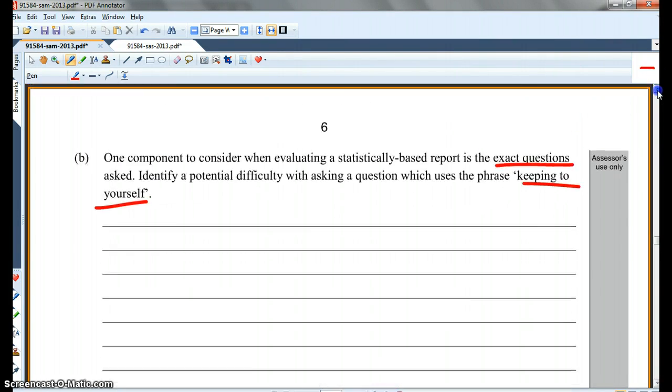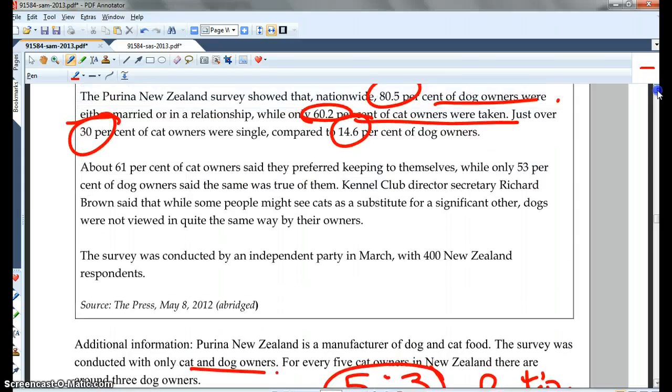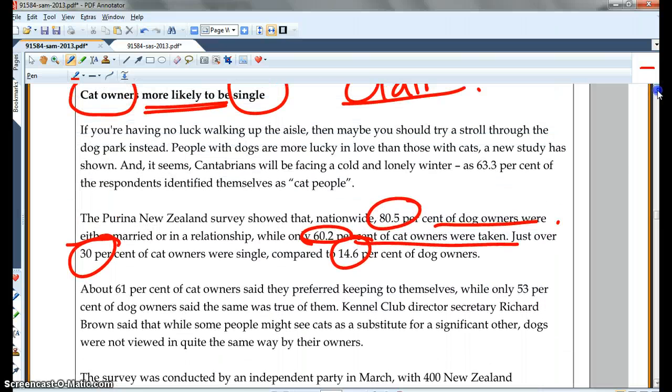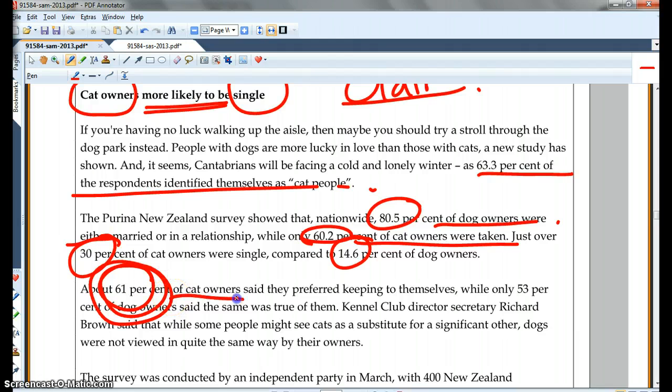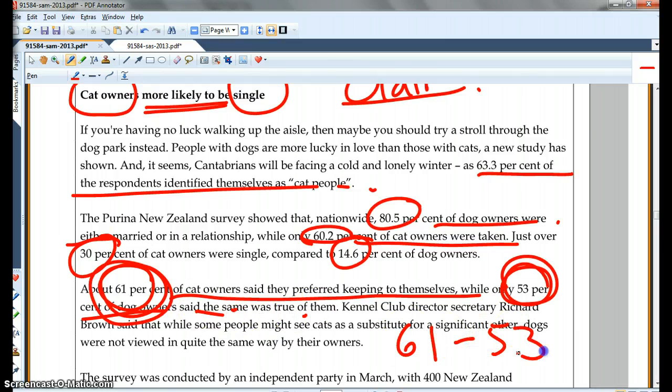Keeping to yourself. Okay, let's try and find those. 63% of the respondents identified as cat people. Whoa. Got to read carefully. About 61% of cat owners said they preferred keeping to themselves, while 53% of dog owners. Okay, so we need to go 61 less 53.